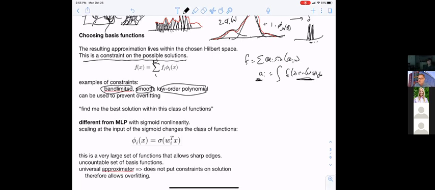These phi i's themselves don't necessarily have to be smooth functions, so long as you can define a norm and an inner product on them. Let me give you an example of a non-smooth one. Let's suppose that phi sub i is some Boolean function of x.